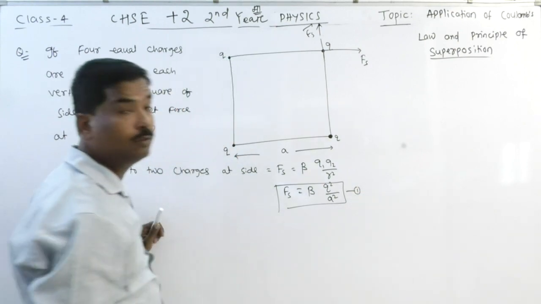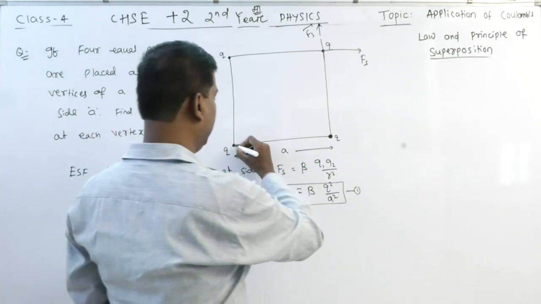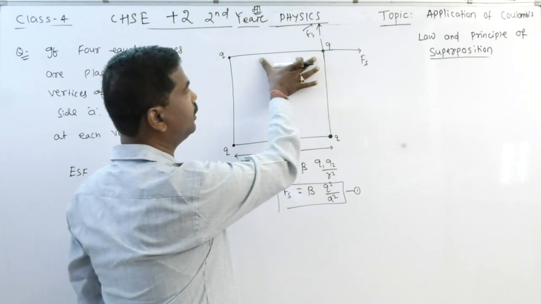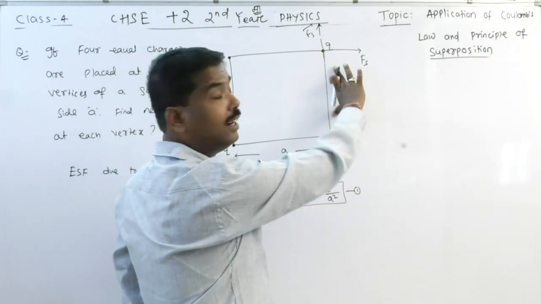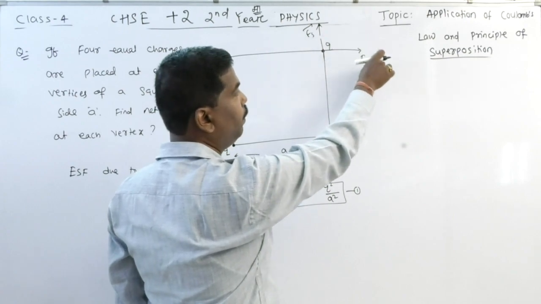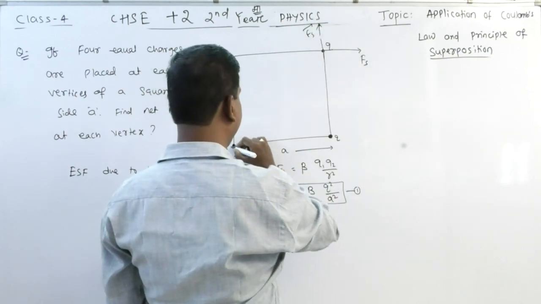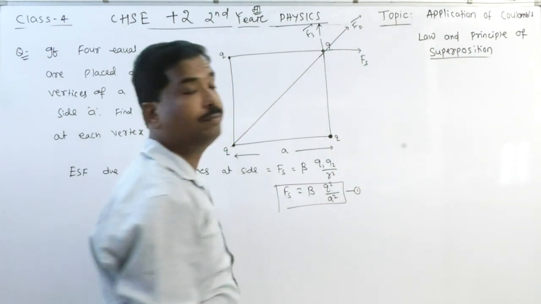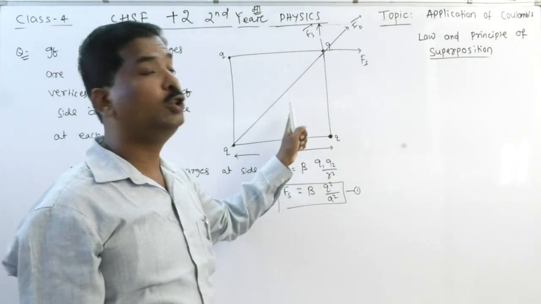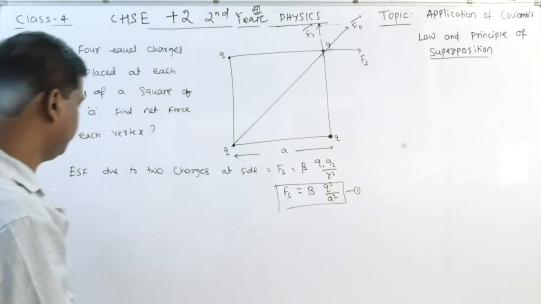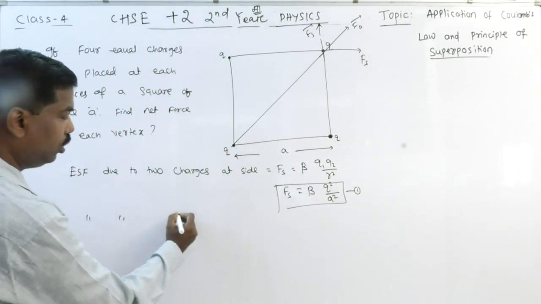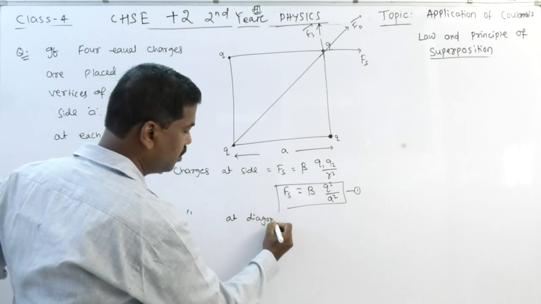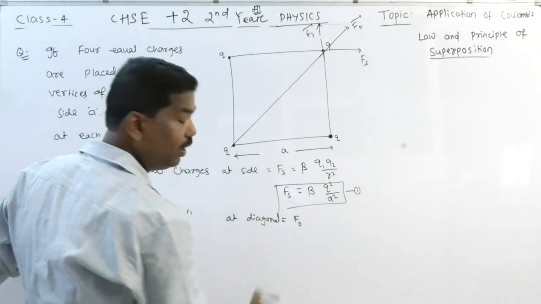Equation number 1. Now listen to me. These two are the charges at the side, and these two are the charges at the side. If this is the force Fs, this is the force Fs, there is another force, that I can write as Fd, the force due to the two charges at the diagonal. The electrostatic force due to two charges at a diagonal is Fd.